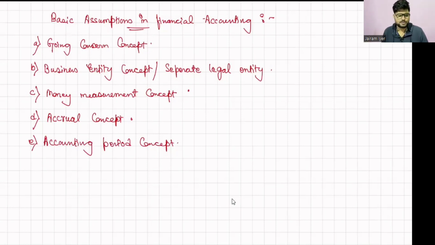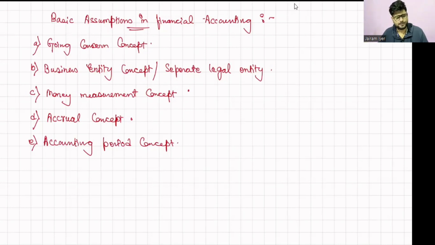So we know the business is going to run for an indefinite period, but that has to be separated into fixed intervals of time where reports have to be provided so as to know the overall performance and profitability of the business.